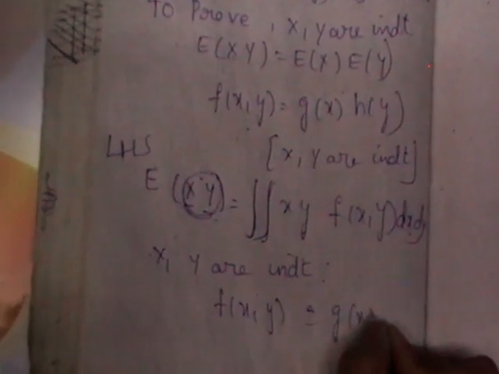So whenever X and Y are independent, we know that f of xy can be replaced with the product of the marginal PDFs, g of x into h of y. So E of XY becomes double integral xy into g of x into h of y dx dy.